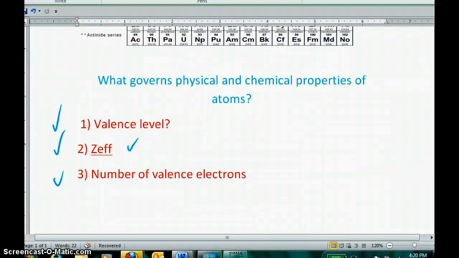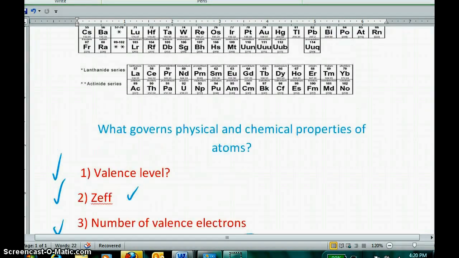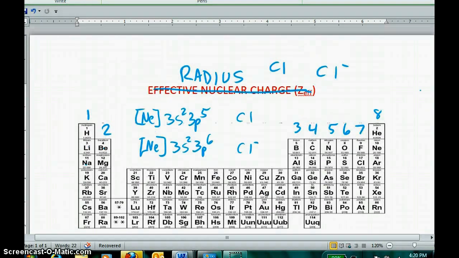So the last consideration you revert to, if there are no other differences, is how many valence electrons there are. And in this situation, that's the only difference. In the case of chloride, there are 8 valence electrons. In the case of chlorine, there are only 7 valence electrons. And you're saying, well, how would that affect radius?